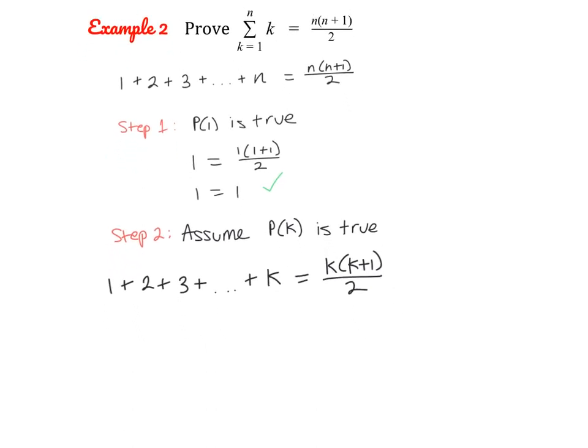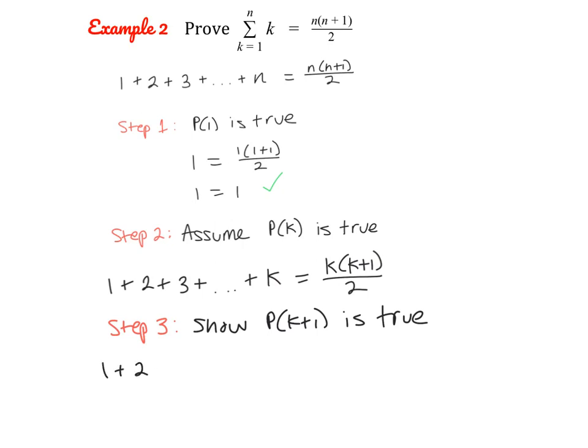And then based on this assumption, we need to show that P(k+1) is true. We need to show that it works for the term after it. So really all we're doing is adding on one extra term to the series from before.